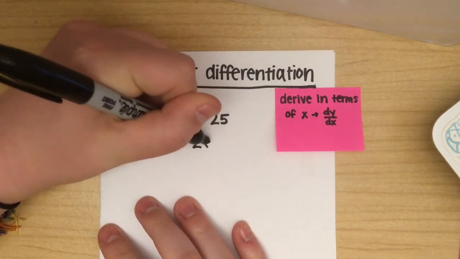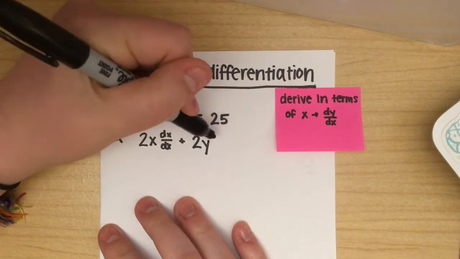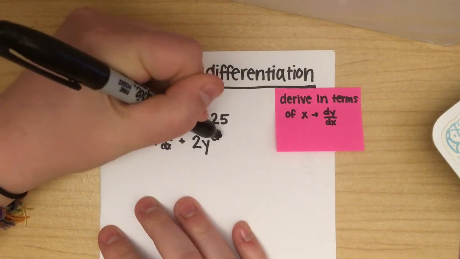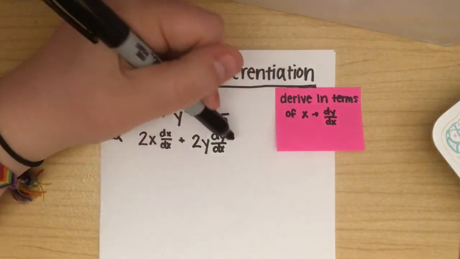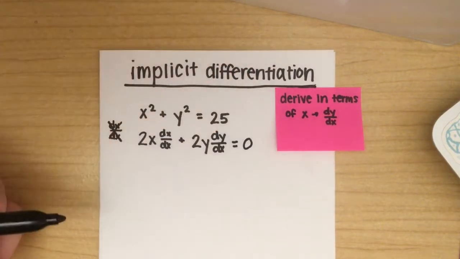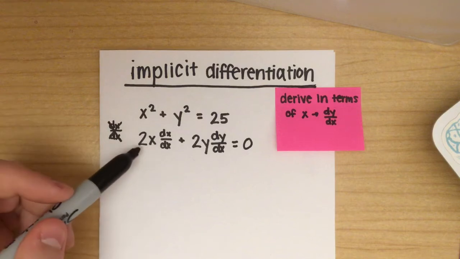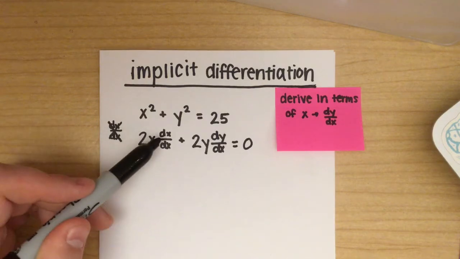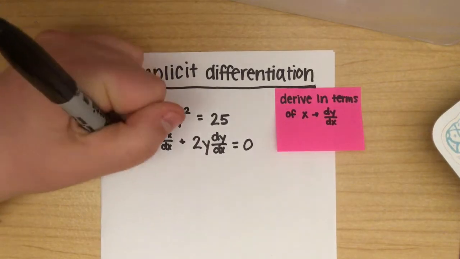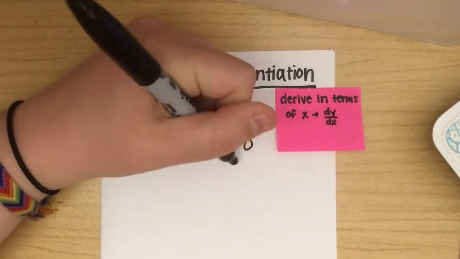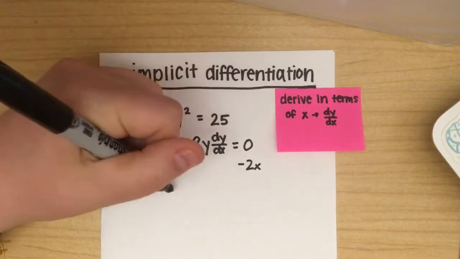So it would add 2y, but then you have to tack on dy dx because it's kind of like chain rule, and that would just equal 0. So now we want to separate the dx over dx and the dy over dx. So you would subtract this from both sides.